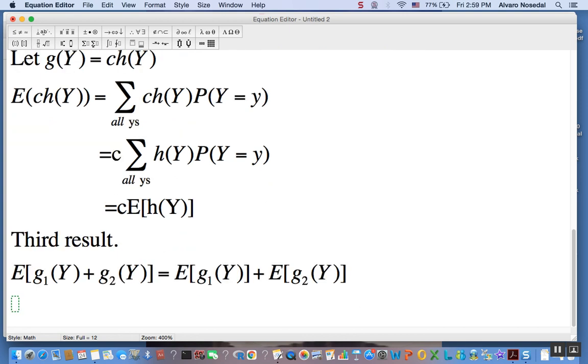And again, basically what we're saying is the expected value of a sum is the sum of expected values. Make sense?